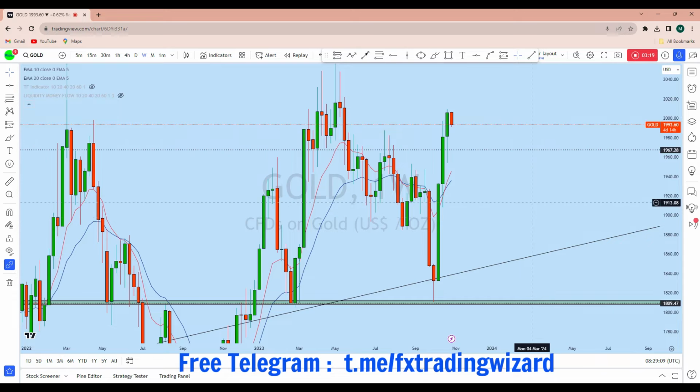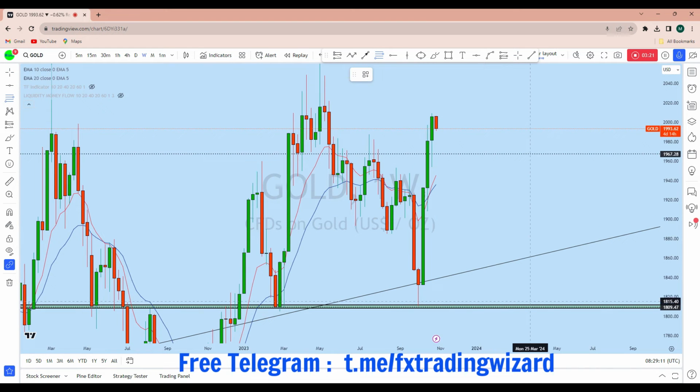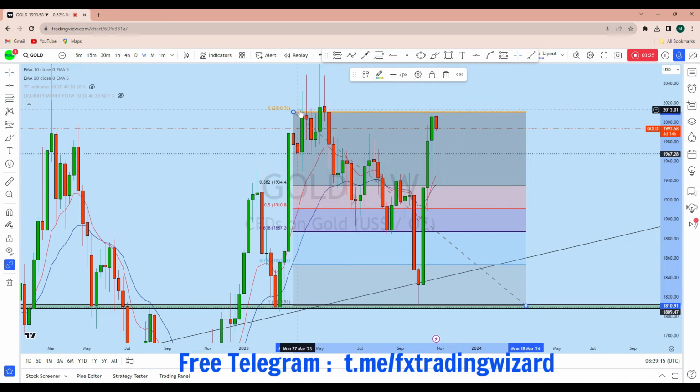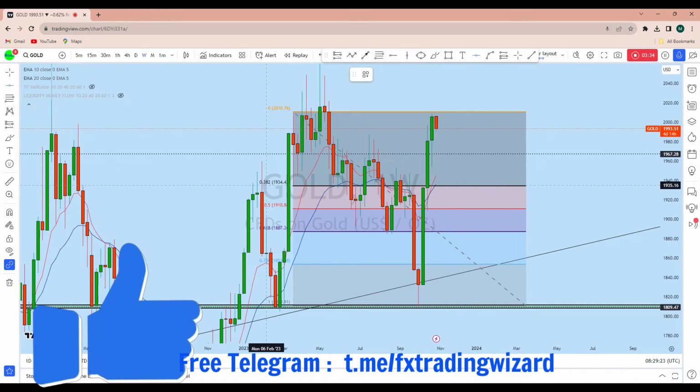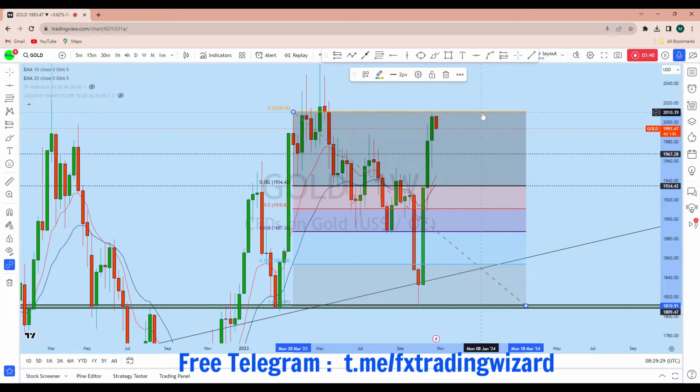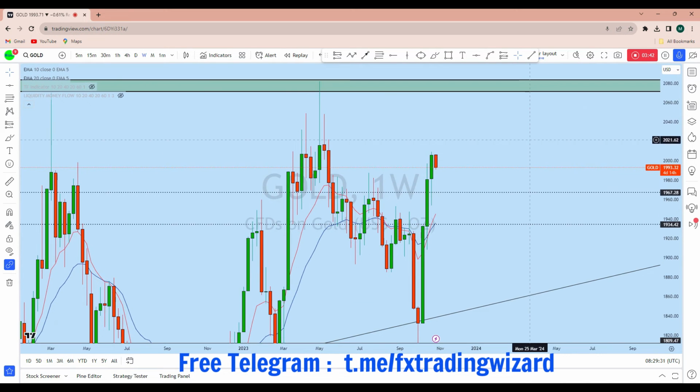At the same time, if we take our Fibonacci for this impulse to the upside on gold, we see that the market is approaching the 38.2% Fibonacci level, which is below this weekly low. In any of this zone we can expect a retest before moving to the upside on gold.